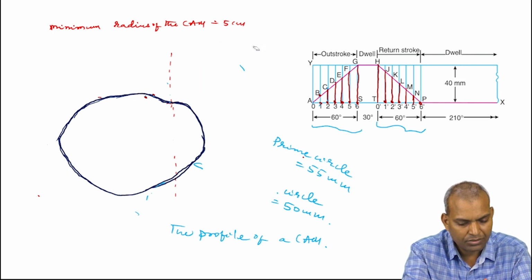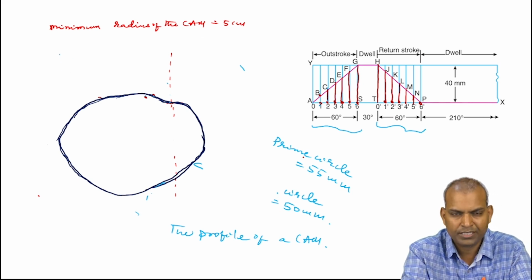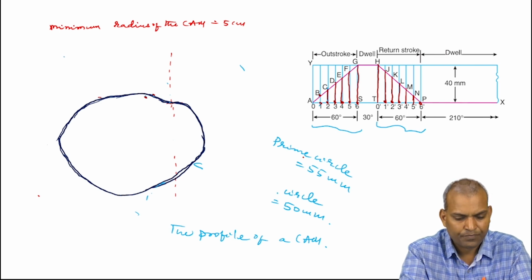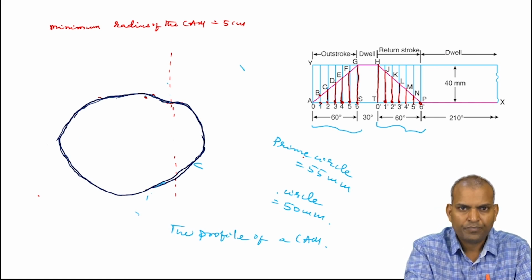I have drawn it here freehand, but you have to use instruments such as geometry instruments, protractor, scale, straight scale, pencil, eraser, and compass in order to get accuracy. But this is the procedure to draw a cam profile for a roller follower with uniform velocity motion during outstroke and return strokes.